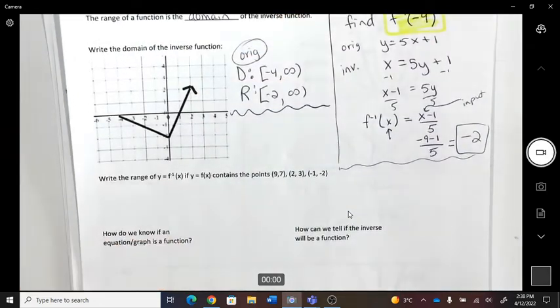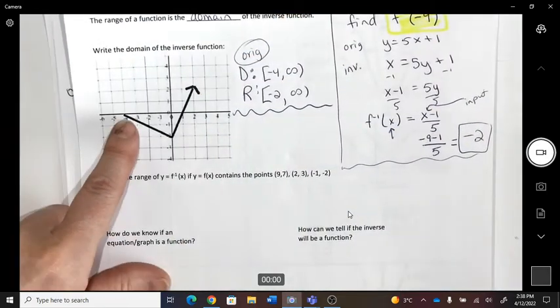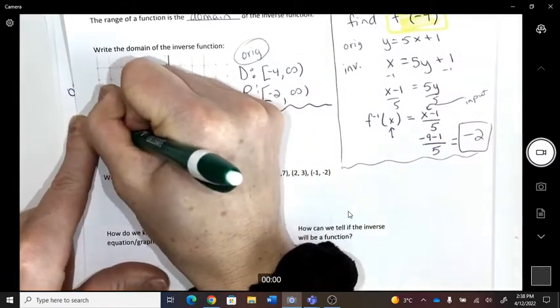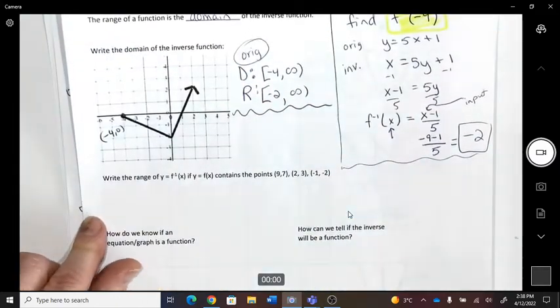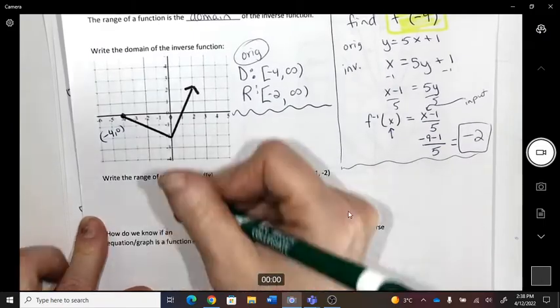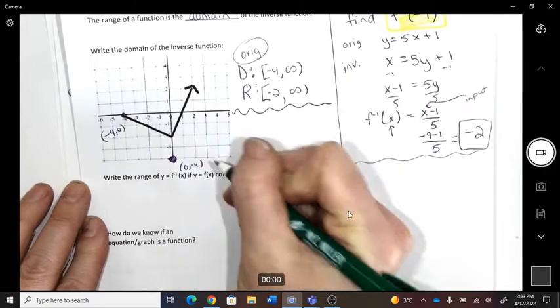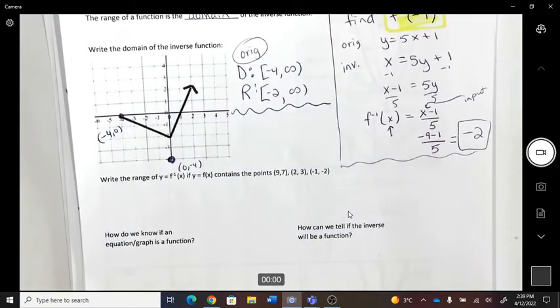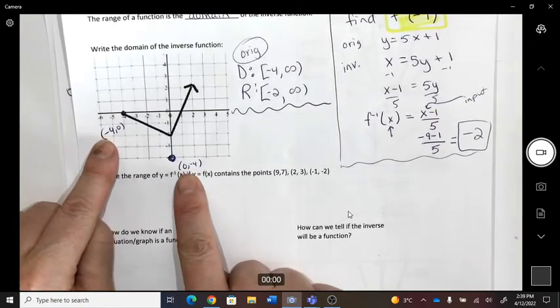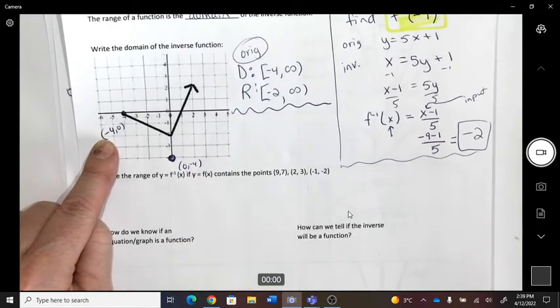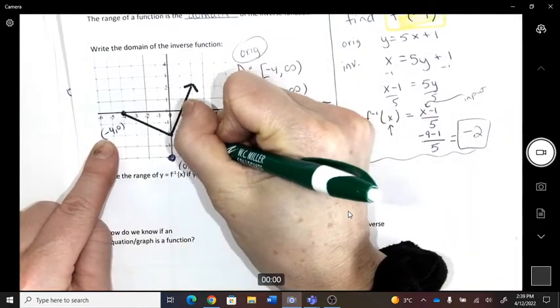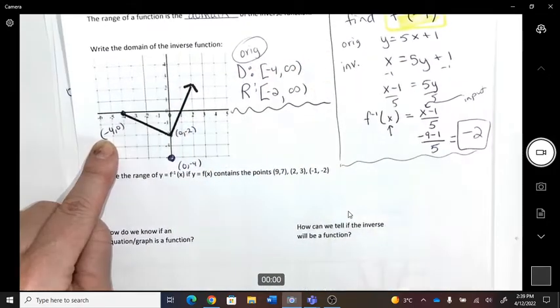Okay, let's graph the inverse. So for instance, -4, 0, where are you going to put it? Zero, -4? Why would you move to zero? I switched. Oh, you switched the coordinate. Okay, this coordinate is 0, -2.